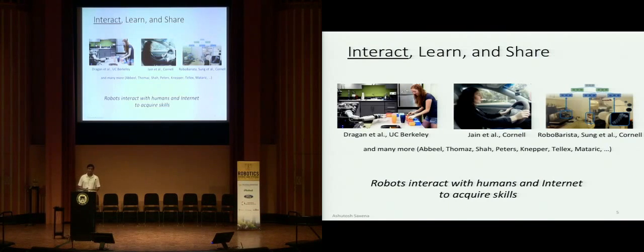The fundamental thing that comes out in each of these tasks is that the robot has to interact with humans and the environment and also the internet in order to acquire these skills. And each of these tasks may be so different. One thing which is quite common in all of these tasks is the structure.